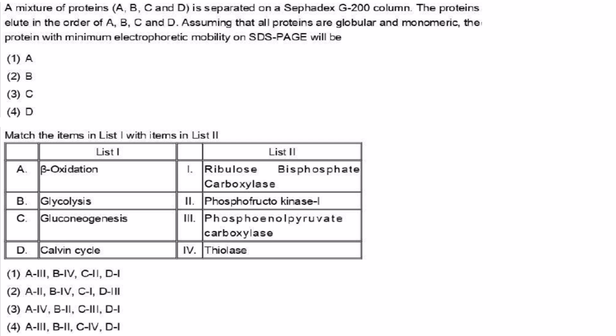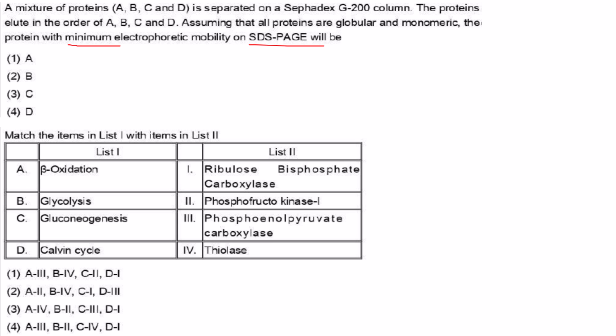The proteins elute in the order A, B, C, D. Assuming that all proteins are globular and monomeric, which protein has minimum electrophoretic mobility on SDS-PAGE? Since they elute in the order A, B, C, D, protein A is the largest, because in a Sephadex column the largest protein elutes first and the smallest elutes last.